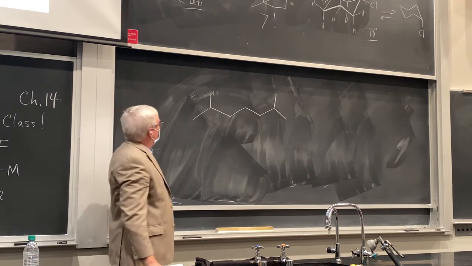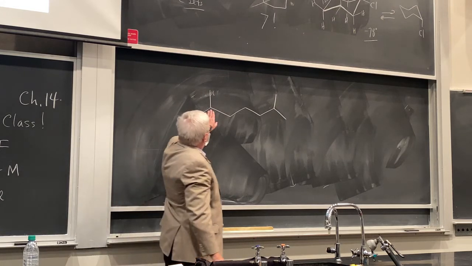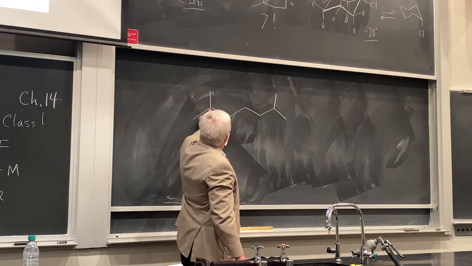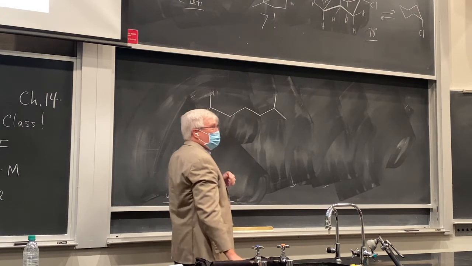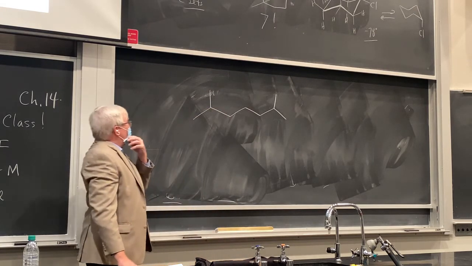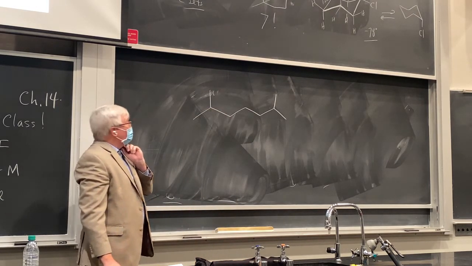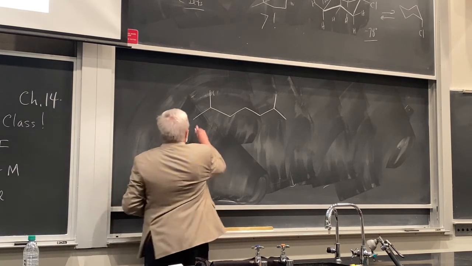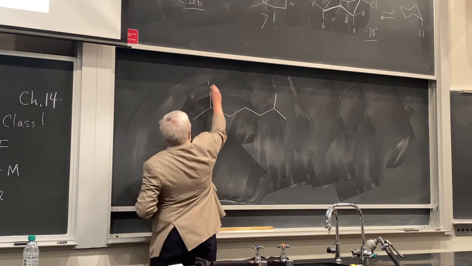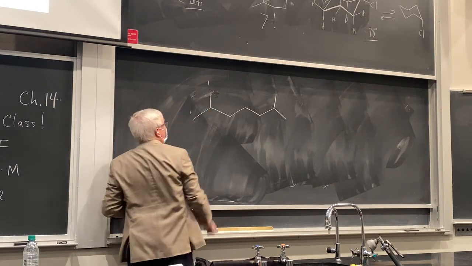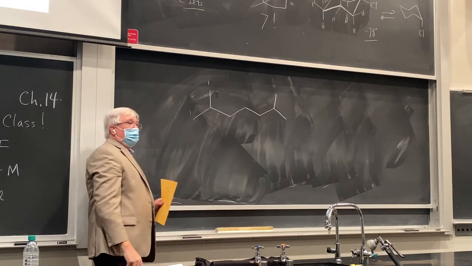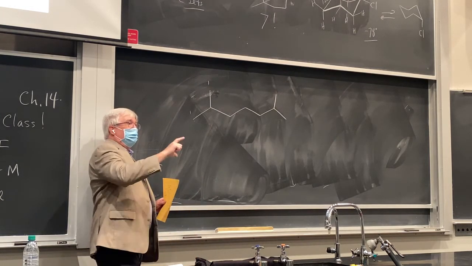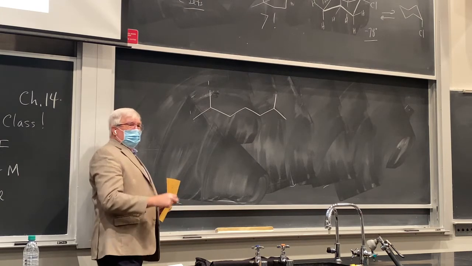So how about this molecule? What is this? 2,6-dimethylheptane? Heptane, yeah. How many sets? This one's the same as this one, right? That's not a stereocenter. That's an isopropyl. And that's typical. The 2 methyls on an isopropyl fragment will be the same.